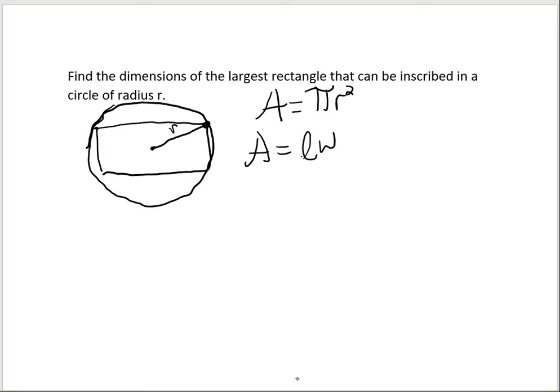Okay, so what's the length? Well, if I put this on a coordinate plane, and this is my y value, is that point right there. This is x comma y.